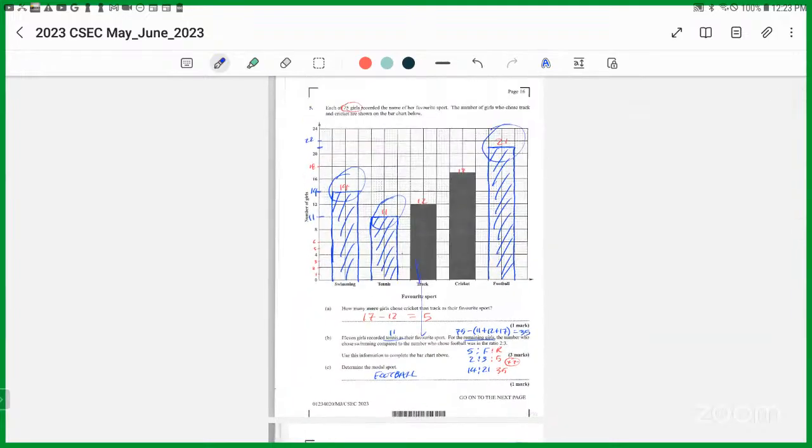The track and the cricket here, you don't want them. So you're going to add up these 3 to get that total number of girls, or you could do 75 minus these 2. They are the ones doing neither track nor cricket. They want to know how many girls that is out of the 75.